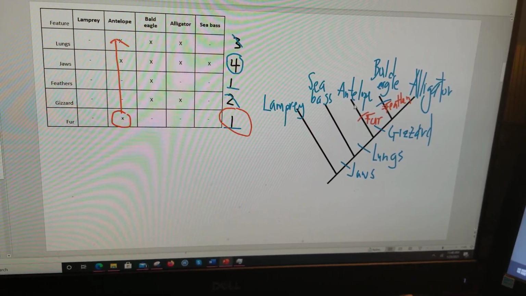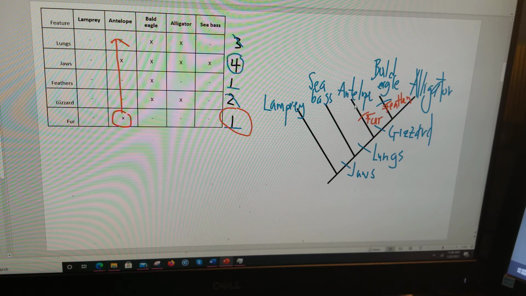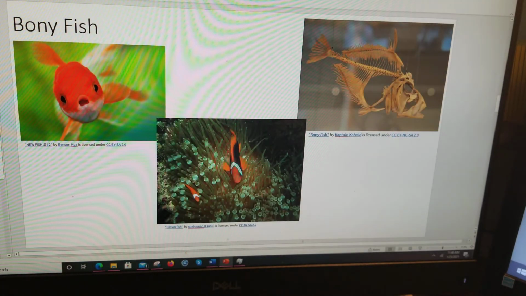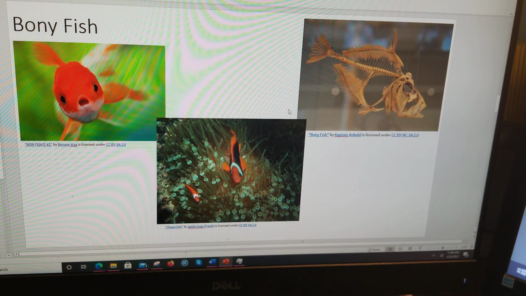So this is what I wanted to show you, and I hope that this video has helped you understand exactly what you're doing for your lab. For your lab, you have been asked to complete your data table, and I have put together a PowerPoint for you with these same pictures.